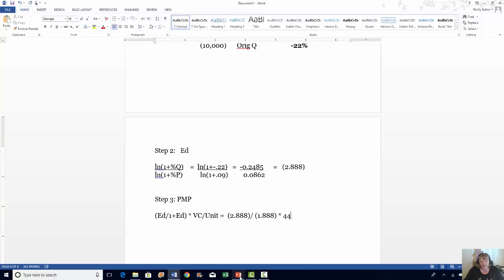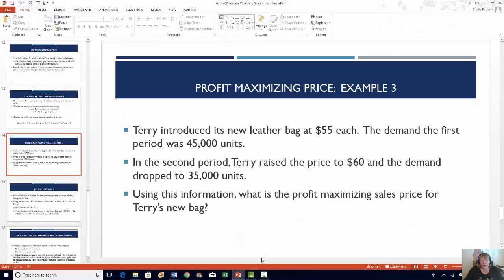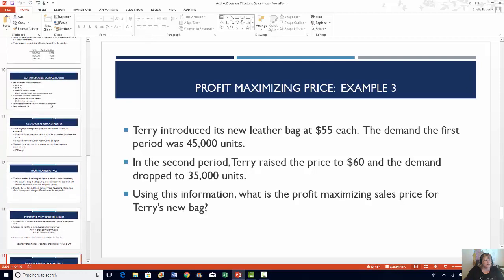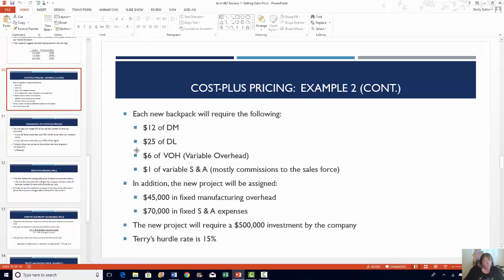Let's go back to the PowerPoint. And we're going to jump up to, this is our Terry. We're going to have the $12, the $25, the $6, and the $1. Those are variable costs, and that is how we got our 44.